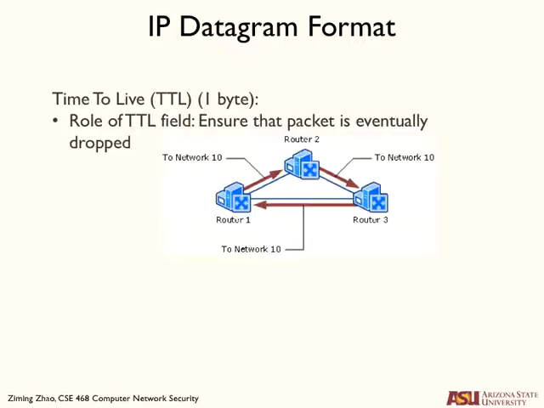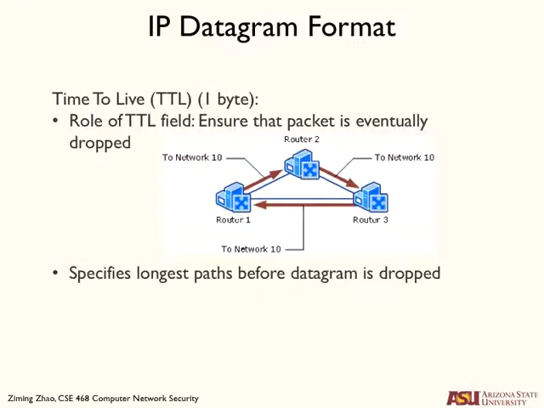This could cause a huge problem, because if a packet is sent from router 1, it will end up looping in this network forever. That's why we have a field called time to live. How it works is every IP packet has this field, and this field specifies the longest path before this packet should be dropped.